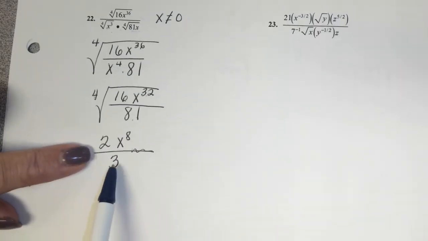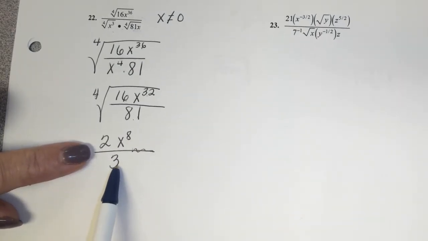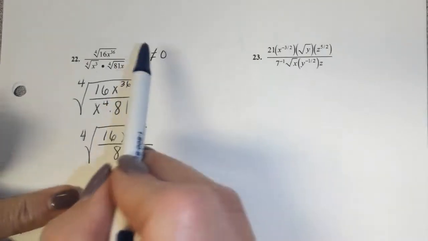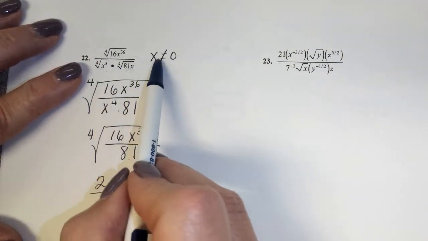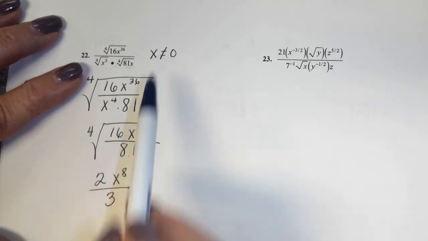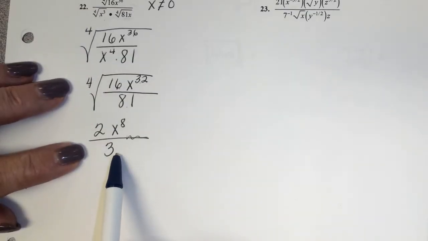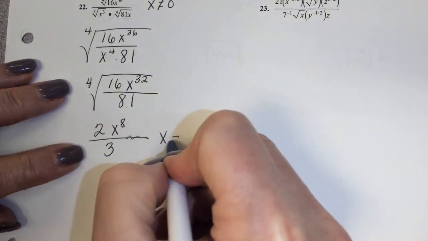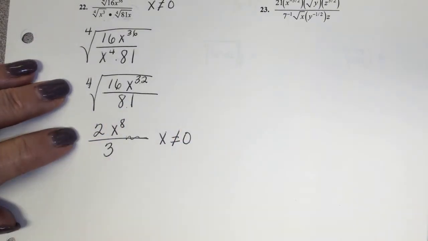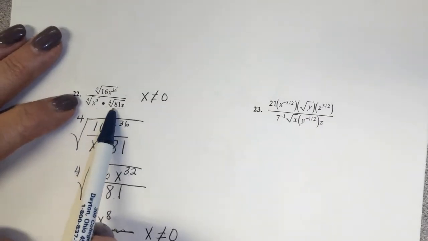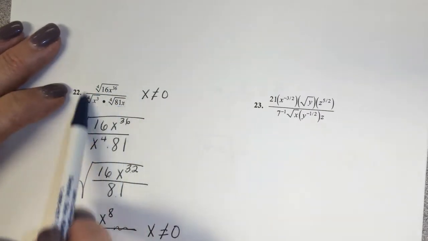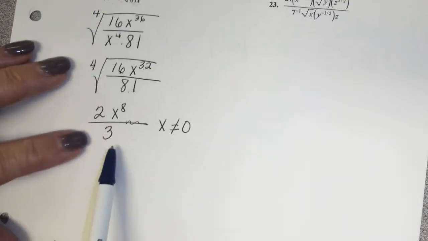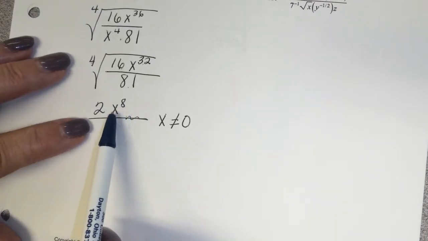When I look at this, do I know that x can't be 0? I don't, do I? So when I look back here, the domain here was x cannot equal 0, but the domain here is not showing that. So therefore, I would have to say this is not going to work if x is 0. At the beginning, if x is 0, the function's undefined. But down here, if x is 0, the answer is 0.